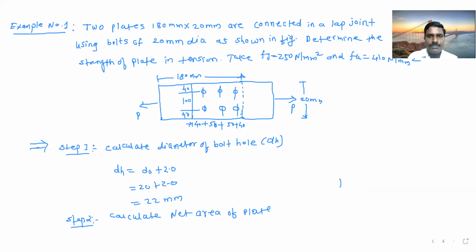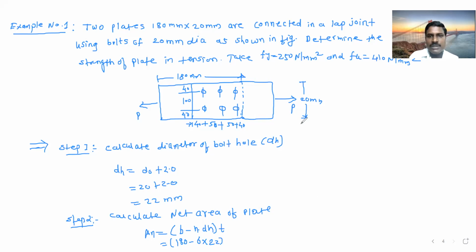Okay, so now these are the plates. In the plate, which formula do we have to use? AN. For the plate, the formula is B minus N into DH into T. So here B is 180 minus N, how much is N here? 6. 6 into DH, 22, into thickness of plate.